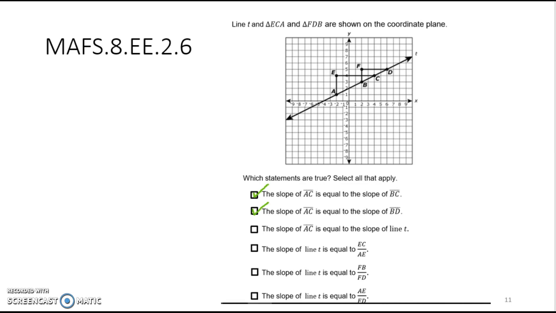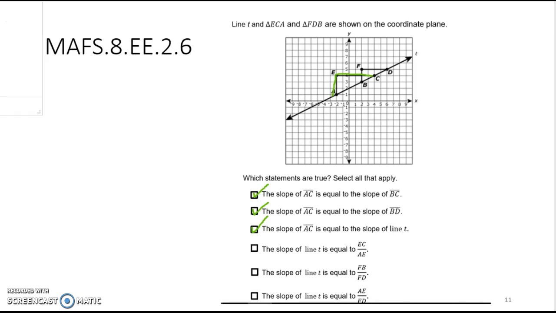The slope of line AC is equal to the slope of line T. That's true. The slope of line T is equal to EC over AE. That would be incorrect because remember, slope is rise over run.